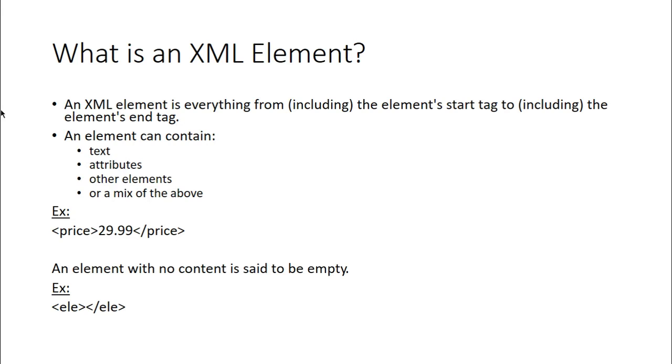Here's an example of an element called price. There is some value specified within the opening and closing tag. An element with no content is said to be an empty element. This is an example of an empty element because nothing is specified between the opening and closing XML tag. So this is also an element, an example of an empty element.